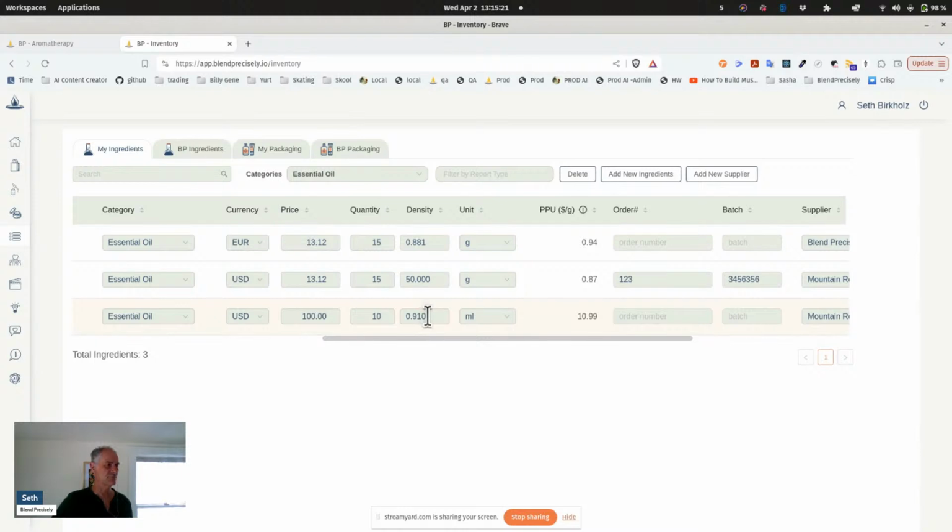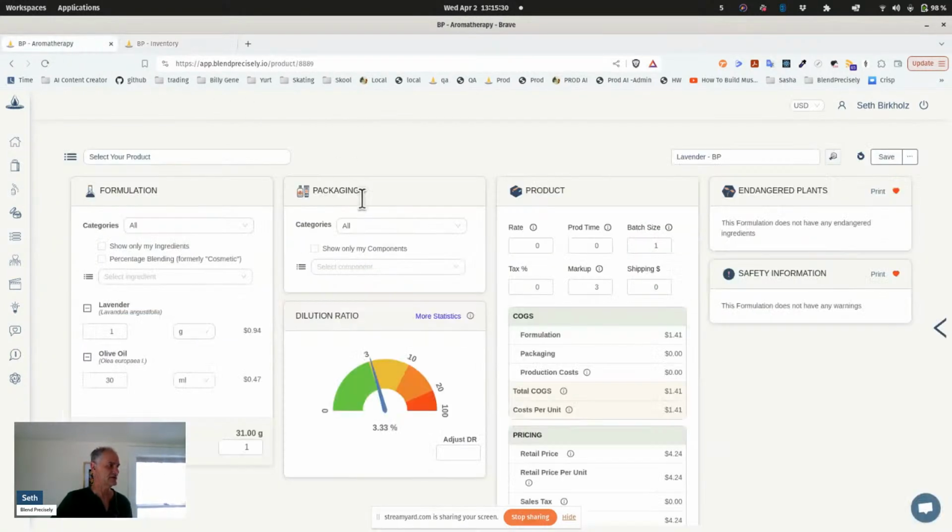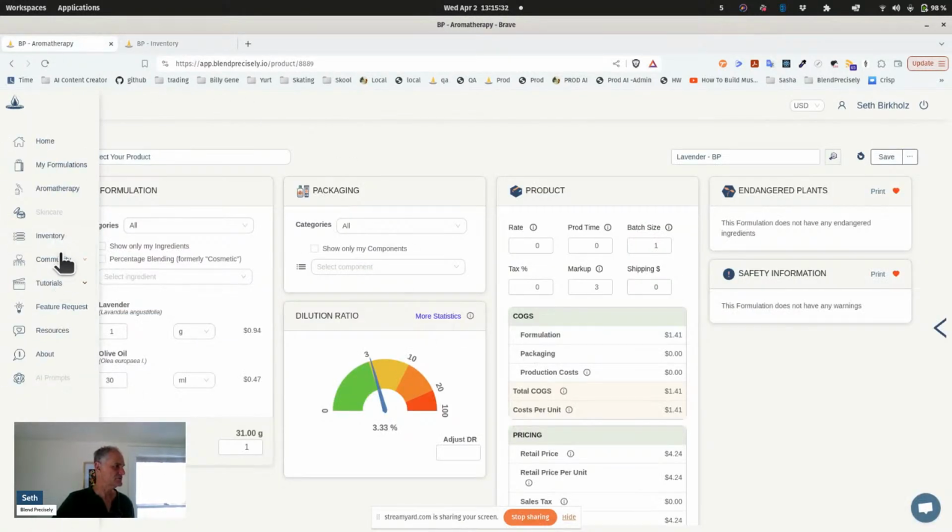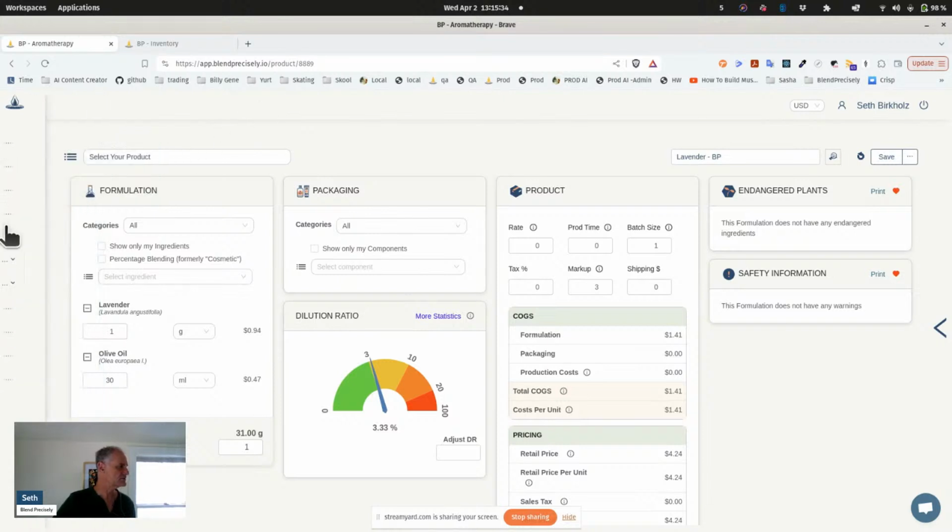It's wise not to rely on this if you want accurate formulating and accurate information. If you were to go to, for example, the skincare mode, which I don't have for this particular account, when you're calculating constituents, how much of a constituent, like if you have limonene or some other thing, the density affects that outcome.